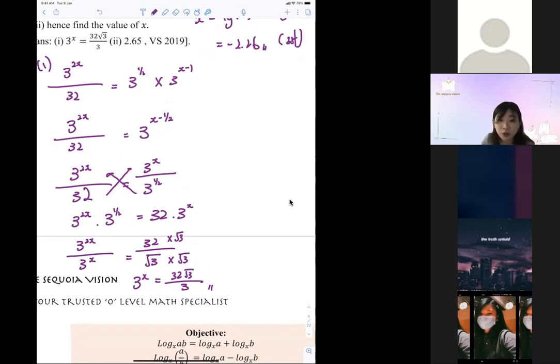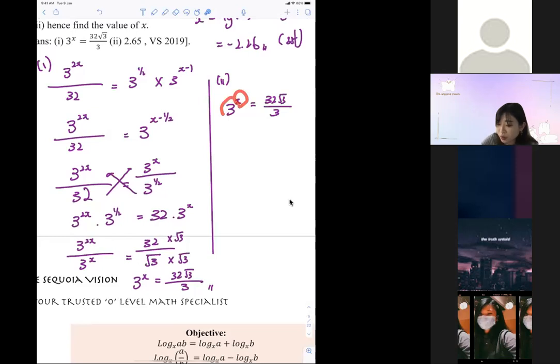Okay, you must be thinking, I thought we'd be doing logarithm. Why I put this question here? So for part 2, they ask you for the value of x. You know that 3 to the power of x equals 32 square root 3 over 3. As long as you have the power that you want to bring down, you can log both sides.